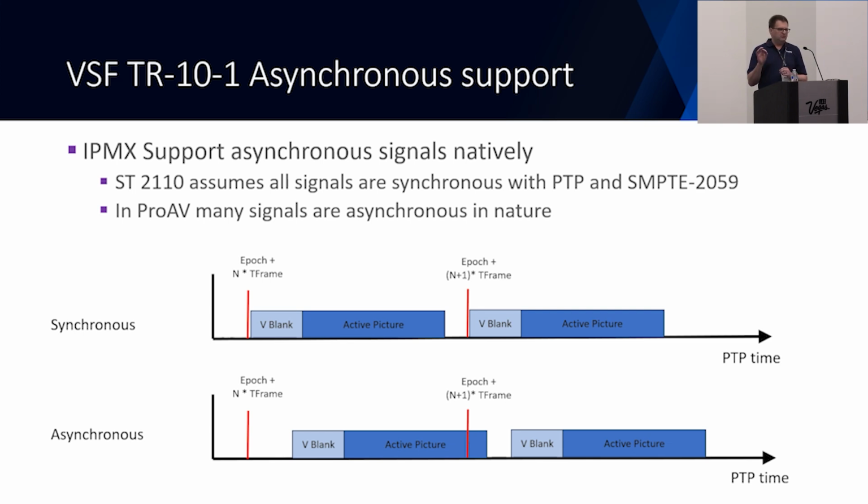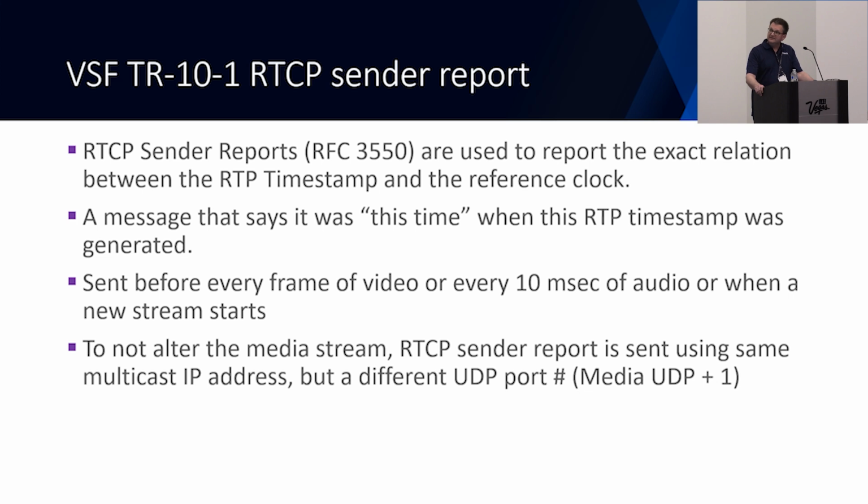With a little mathematical formula, knowing the time of day, you can predict that the next frame will occur in 12 milliseconds. Now, in IPMX, we say we have a lot of HDMI sources that are asynchronous, so we don't care about that. If your video is shifted by half a frame, we accept it, it will work. We provide a mechanism for that, and this famous mechanism is the RTCP sender report.